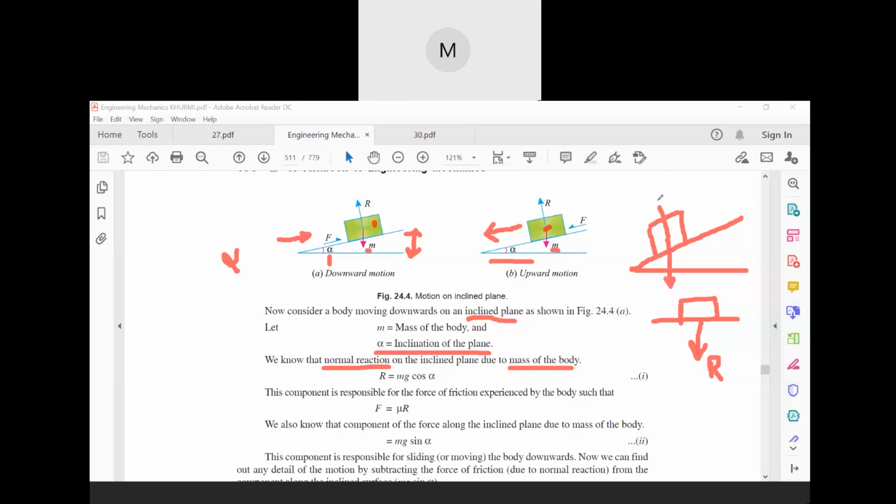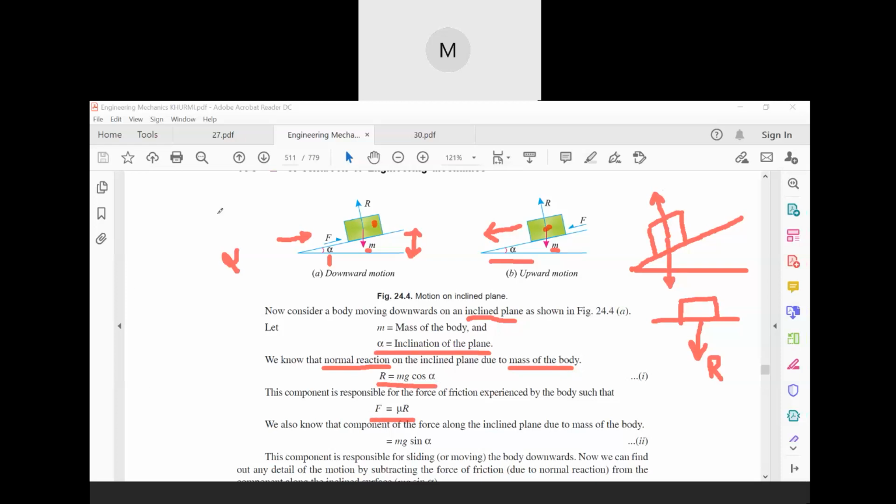This normal reaction will be acting perpendicular to the body, and the g will be acting vertically downwards. Now you can write that F equals mu into R. Now R, we found out, R equals mg cos alpha. You have to remember these terms.